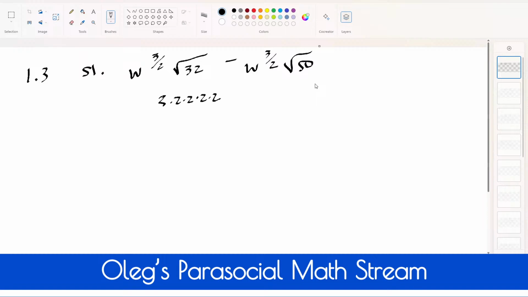I've got to think about this for a minute here. And the 50 is going to be 2 times 5 times 5. Okay, so we end up with a 3 root 2 and a 5 root 2, or 4. So let's see what we get here.